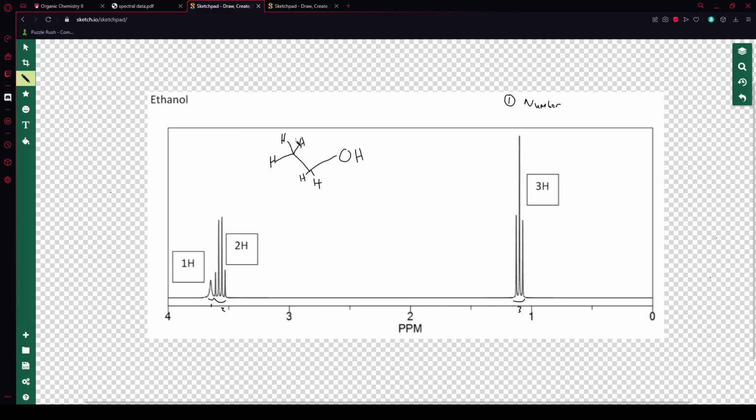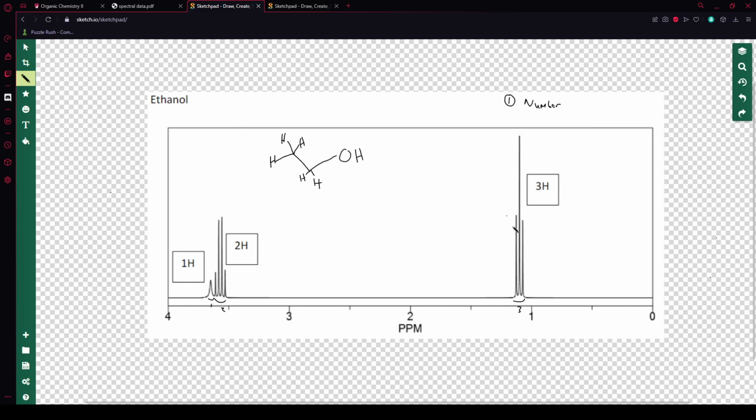So these three are connected to a C that's connected to a C which has two H's and is connected to an O which has one H. And that's the same for this hydrogen, for this hydrogen, and for this hydrogen. So that's one unique hydrogen. And since we have three sets of peaks, we have three unique hydrogens.